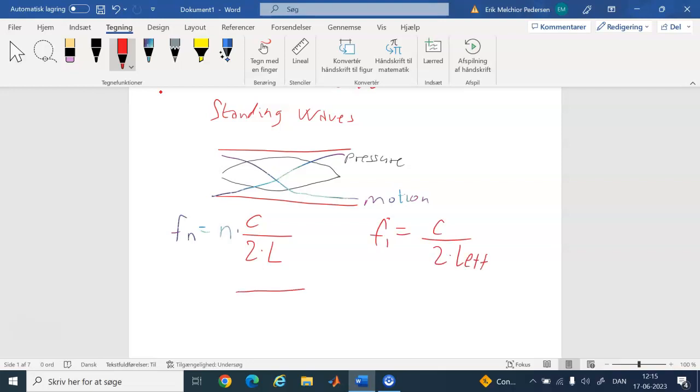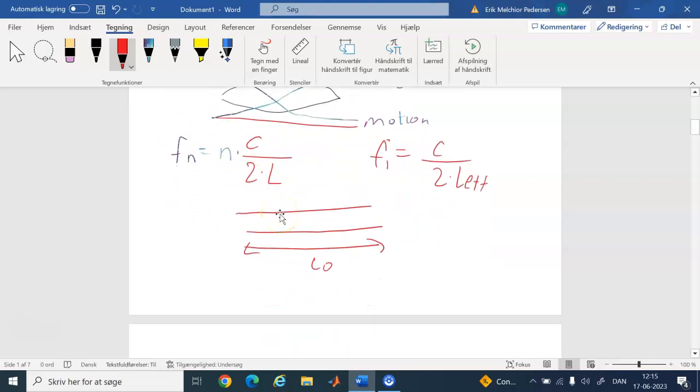Effective length. There are some corrections, for instance, in a flute. There is a physical length, L0, and then there are some corrections here. This is the L correction, or what we call it. Maybe also at the other end. For a flute, there's another correction. It's called embouchure correction.